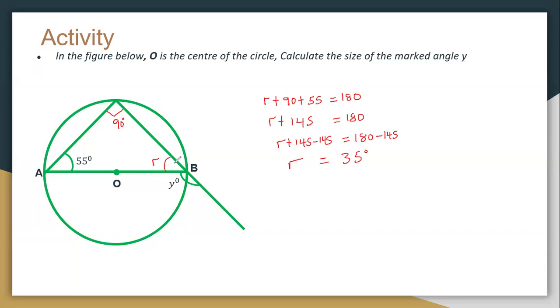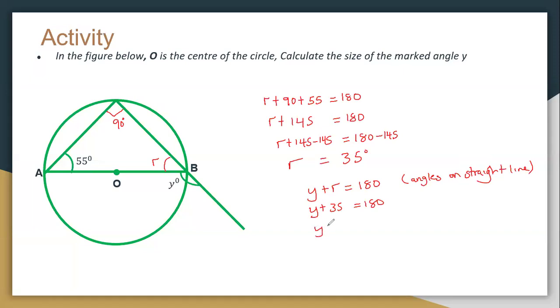Now we have Y plus R, which is 35, equaling 180, angles on a straight line. Y plus 35 equals 180.